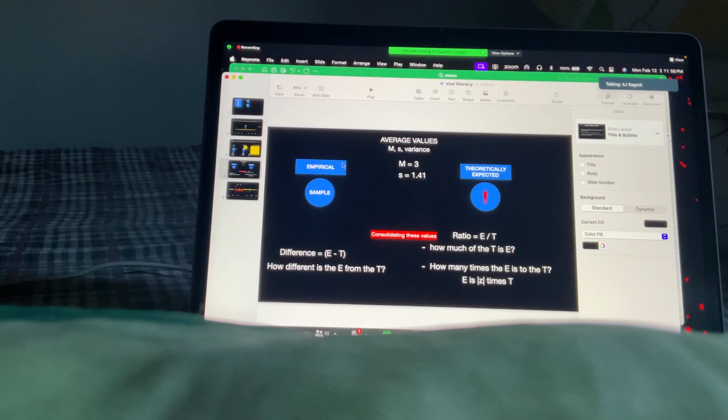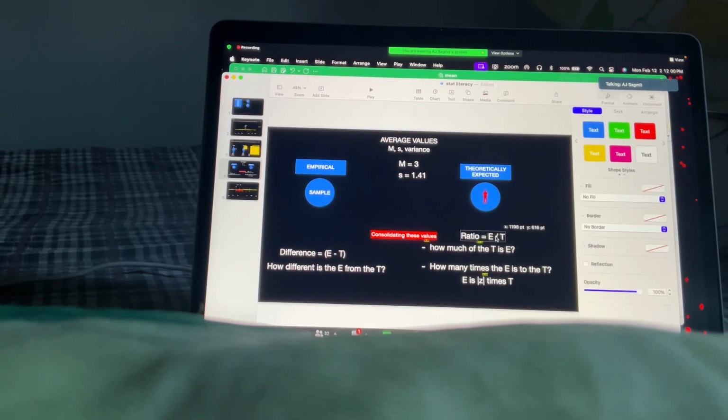Okay? Now, another way of consolidating the empirical and the theoretical is to capture the ratio. Ratio naman is always empirical over theoretical. So the denominator is always the whole and the numerator is the part. When you're talking about ratio, it's part divided by whole, which basically asks how much of the theoretical is empirical.